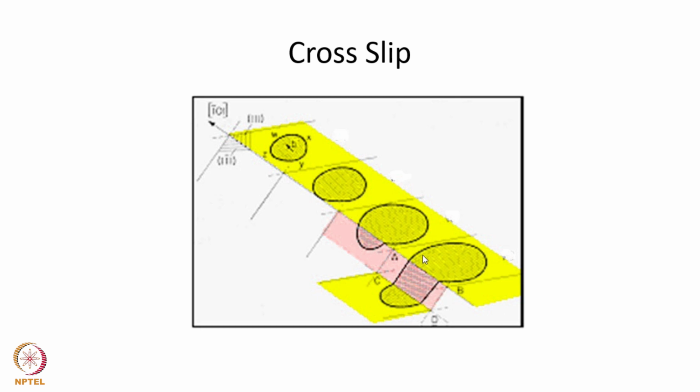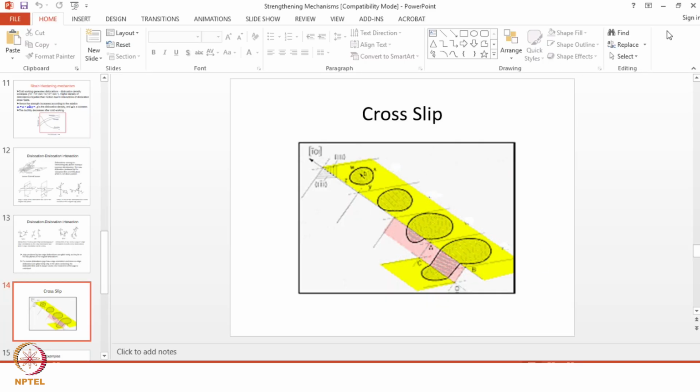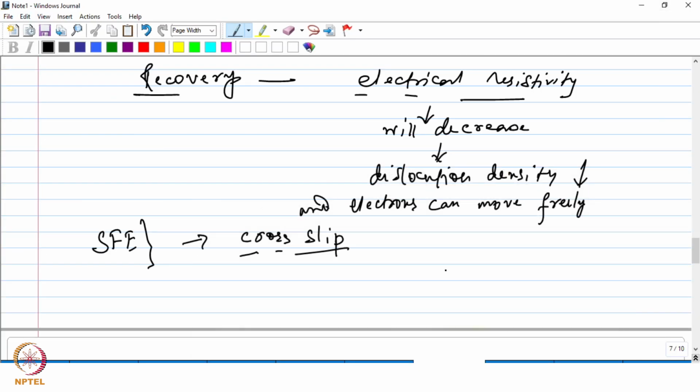So this would depend on the stacking fault energy of the material, because for this cross slip to occur, the gap or the width between the partial dislocations, the stacking fault width, should be minimum, which also means the stacking fault energy is higher.